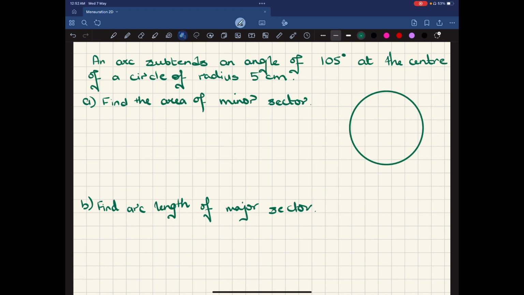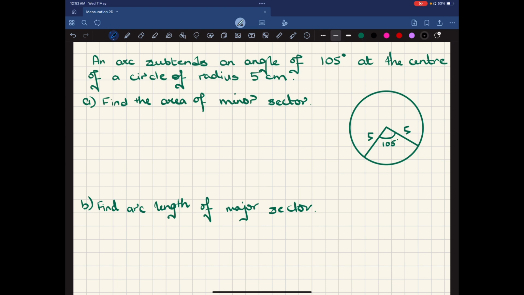The radius is 5, so 5, 5, and the angle subtended from the center is 105. Okay, so this is what your figure looks like, a visual representation of the question for your understanding.